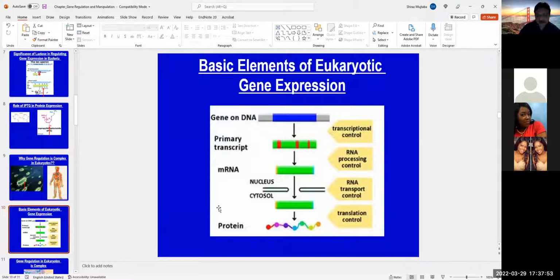So just a basic difference between eukaryotes and prokaryotes. The primary transcript is made up of exons and introns, and then introns are removed by splicing, then processing. Before that, I was talking about mRNA. Then mRNA is modified at the cap and tail, and then in the cytosol, on the ribosome, this protein is expressed.